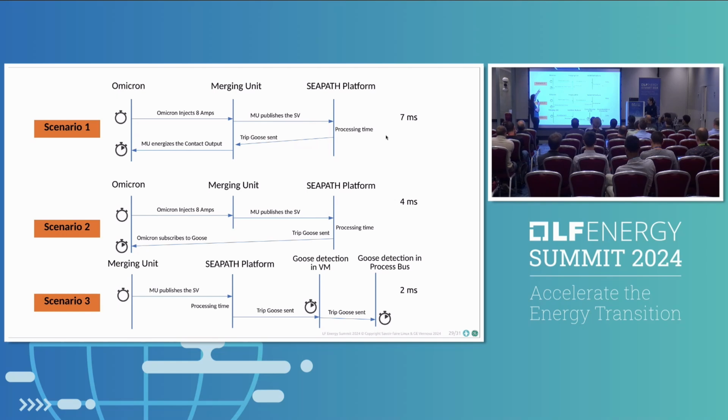In the first scenario, we inject the analog value with a machine. The analog value is converted to a digital value. The digital value goes to SEAPATH. SEAPATH does whatever it has to do to see if the power is stable or not stable. When the power is not stable, it has to generate a message.